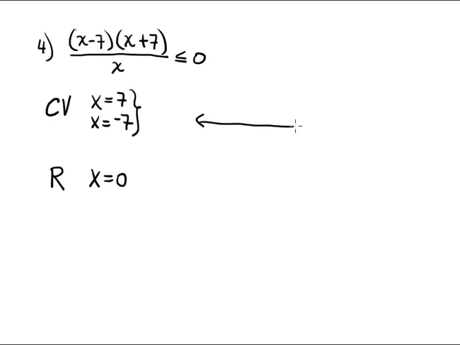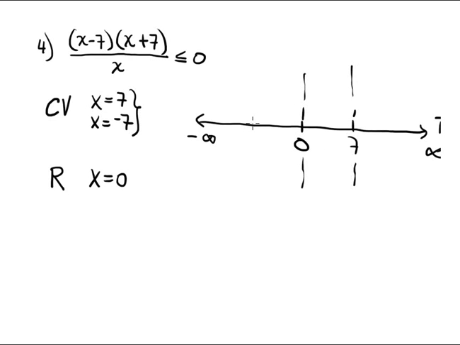Okay, again, partition, of real number, infinity, negative infinity, 0, positive 7, and negative 7. Testing points, maybe negative 8, maybe negative 1, maybe positive 1, and maybe positive 8.